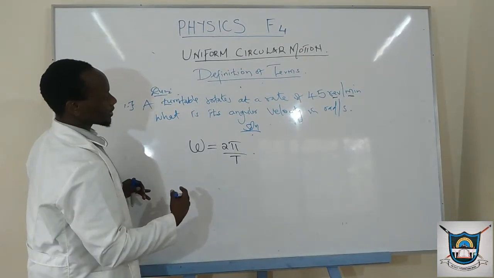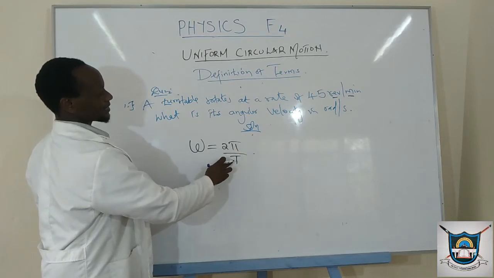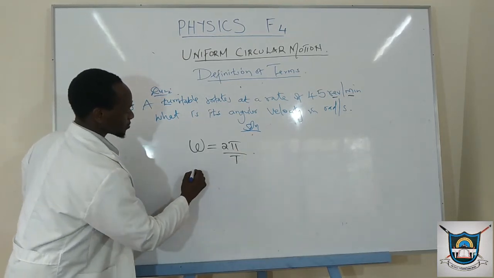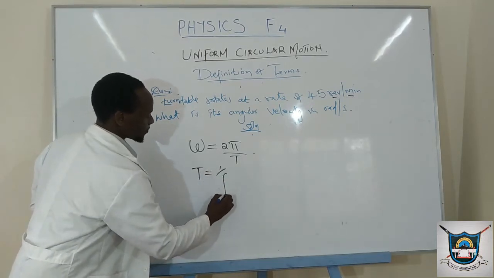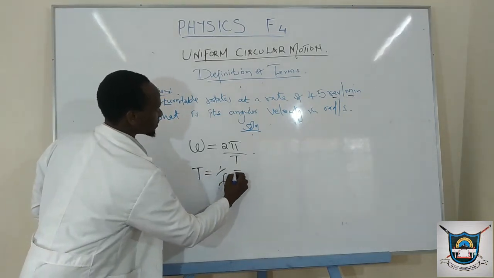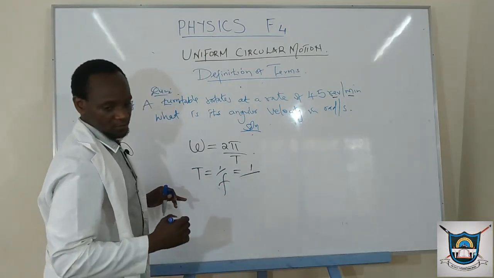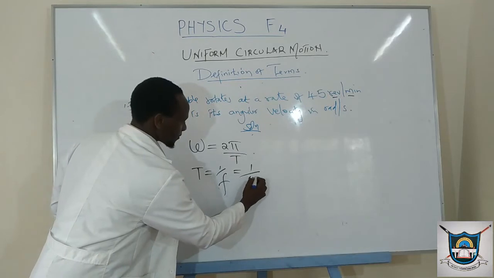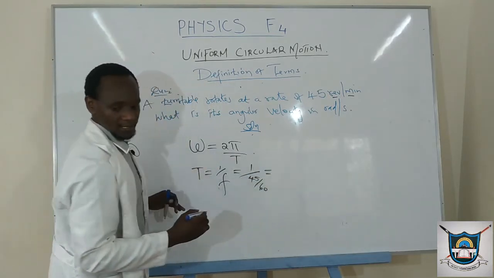So now your work is to substitute the value of T, that is time. You must find T. T can be found from our formula 1 over f, which equals 1 over, then convert, it should be 45 over 60. So now use your calculators.